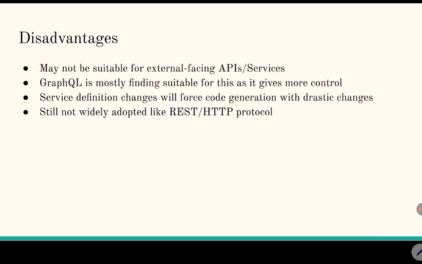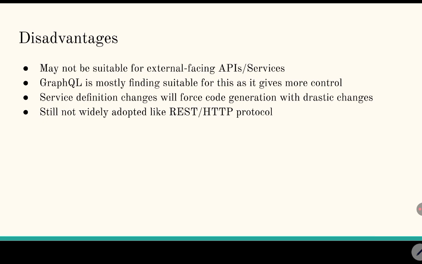And let's say if you have implemented a gRPC service using your protocol buffer interface definition language, and now you need to update it. A significant update in your service definition might require code generation, like starting all over again, sort of, right? But efforts have been made to minimize that. But especially if you make drastic changes in your service definition, obviously it will look like a new service.